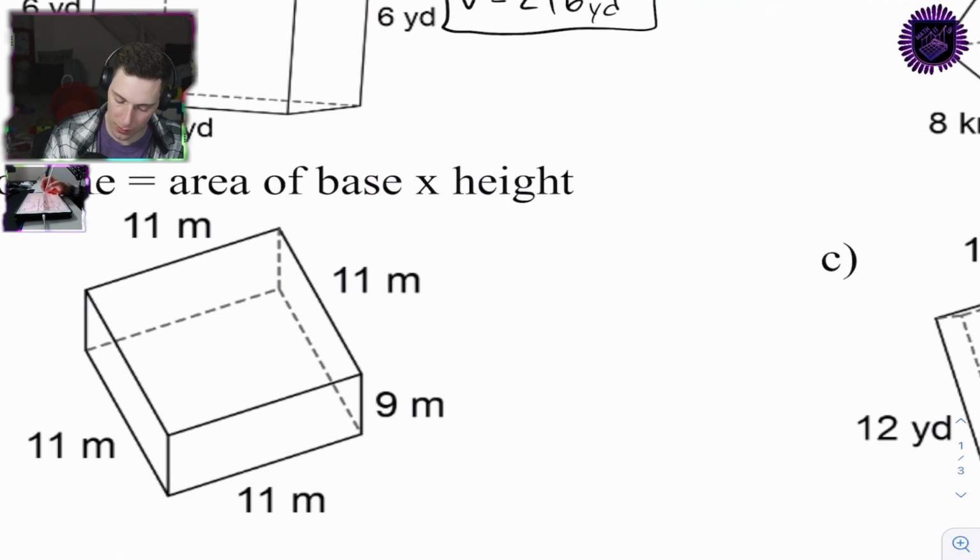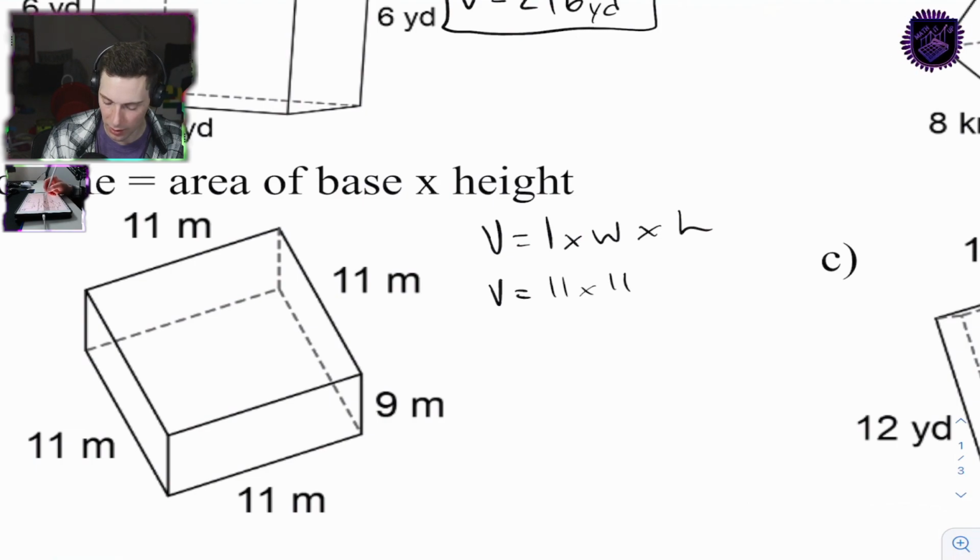Okay, next one. The area of the base times the height. Volume will be equal to length times width, which is the area of the base, times the height. The volume will be equal to 11 times 11 times the height, which is 9.